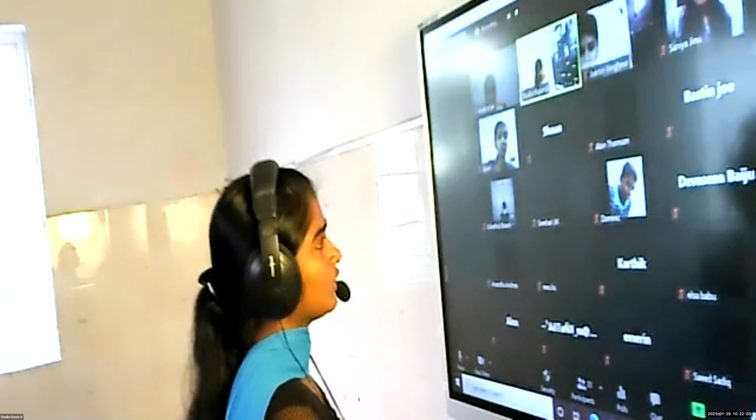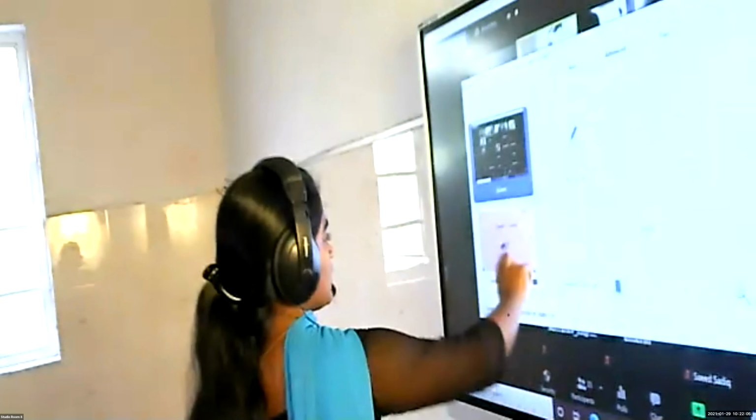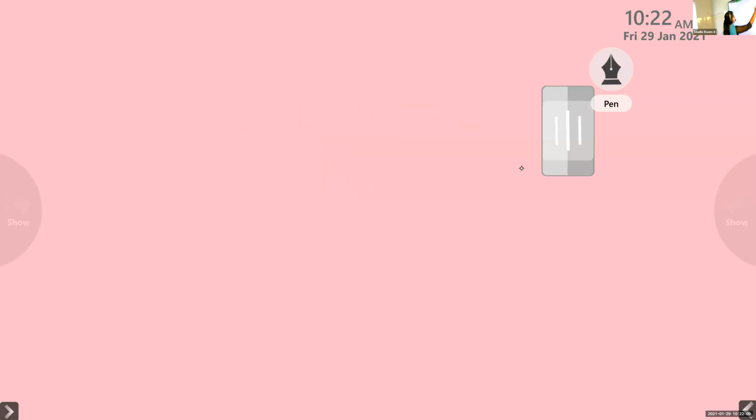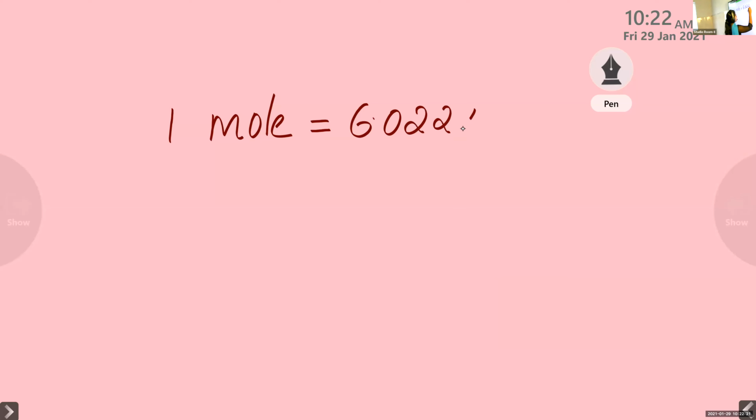Then you just learn this concept, that is 1 mole. 1 mole of any atom is equal to 6.022 into 10 raised to 23.